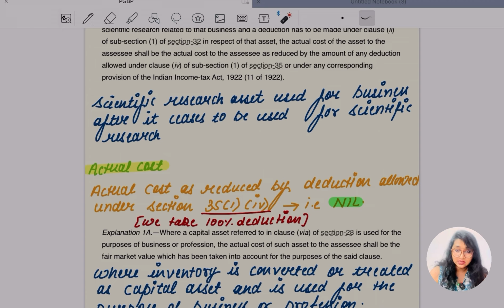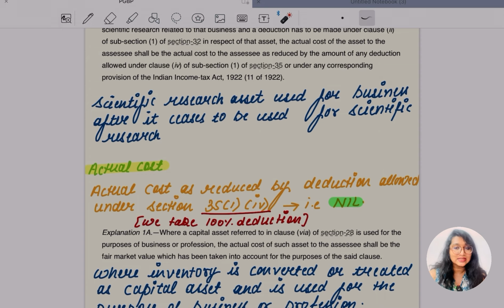The actual cost here is going to be reduced by the deduction allowed under section 35(1)(iv). As we know, for scientific research we get 100% deduction. So the actual cost is going to be nil, remember?